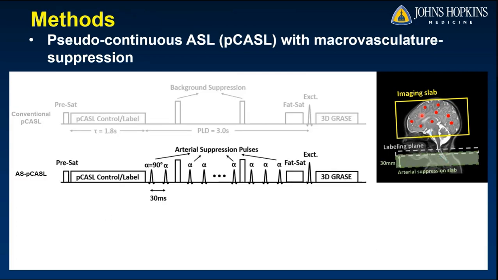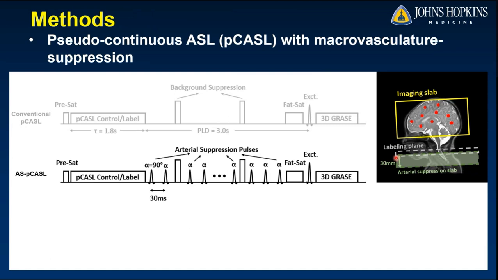So we add an arterial suppression module to the conventional pCASL sequence, in which we apply a consecutive saturation pulse train during the PLD, immediately below the labeling plane. So the signal from arterial blood will be attenuated.